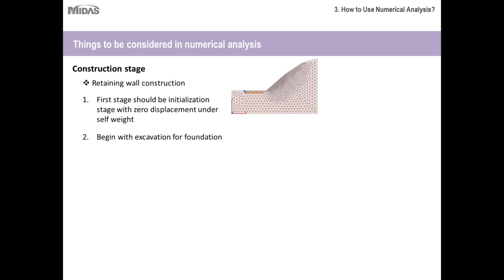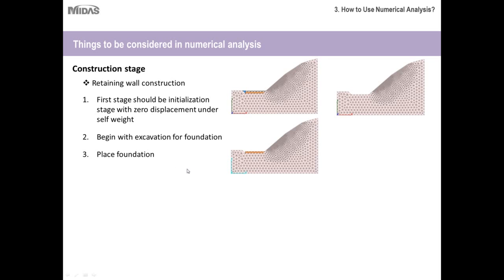Then we start with the excavation of the foundation. We have defined different mesh sets that we can deactivate to create this excavation pit for our foundation. Once we have excavated, we'll obviously place the foundation, so you'll pour the concrete. Initially you started with the soil material for this mesh set. Now you will have the same mesh set, but change the material from soil to concrete.